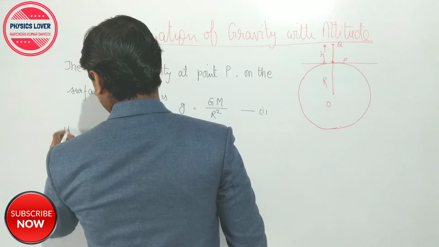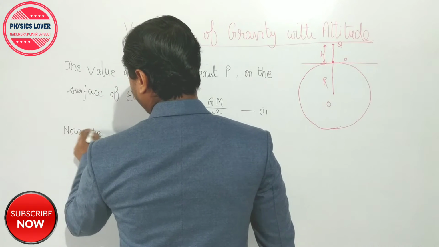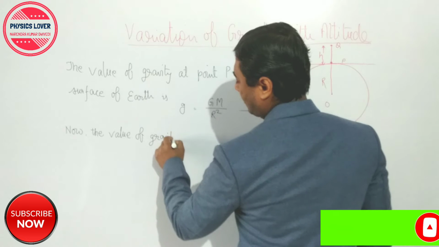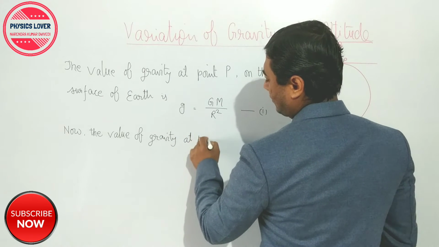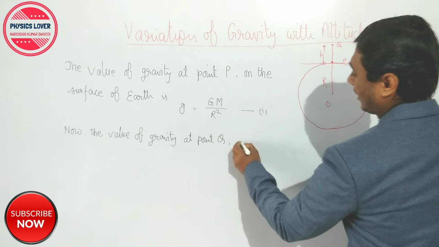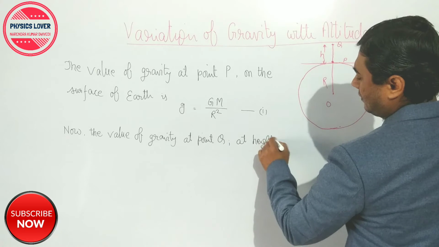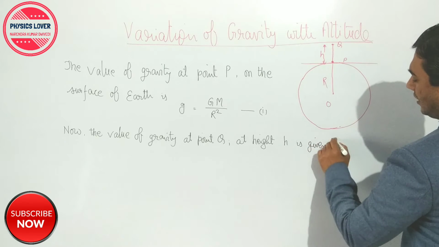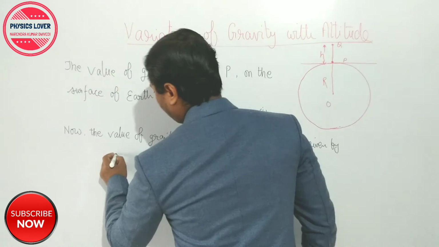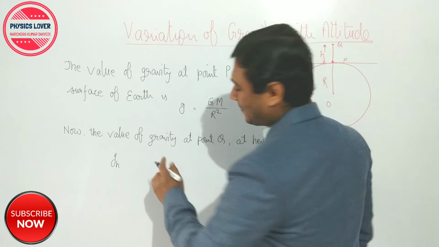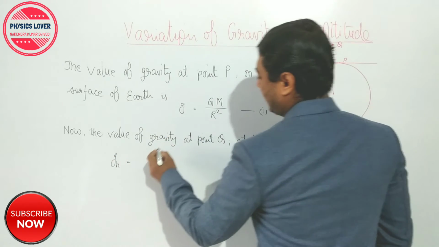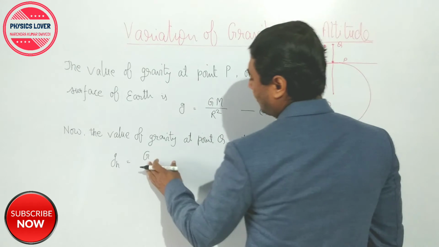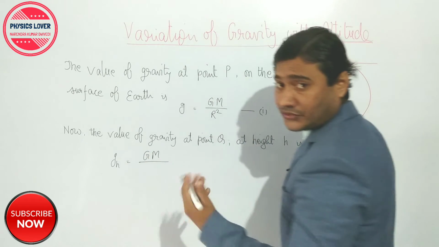So now the value of gravity at point Q at height H is given by, let me denote it by g_h. So g_h is equal to G, the universal gravitational constant, independent of height from the ground, and the mass of the earth of course remains constant.